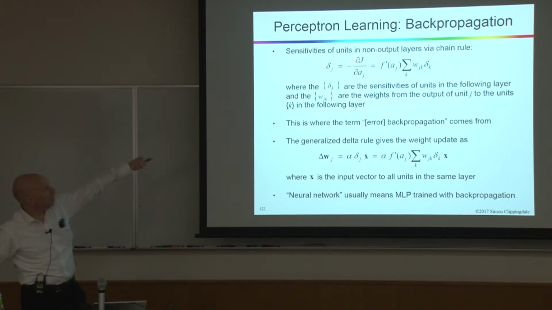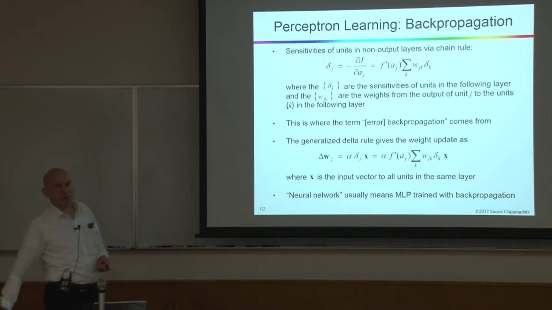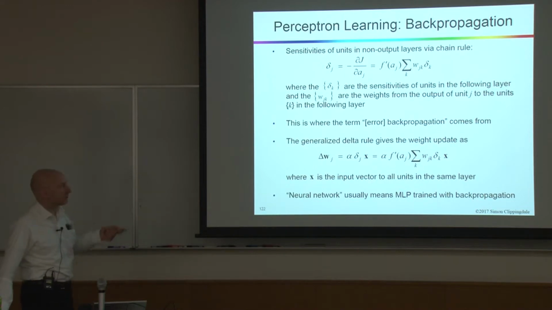Right, so this is where the term error backpropagation comes from. The learning algorithm is called error backpropagation, or just backprop. If you hear people talking about backprop, this is what they mean. And the generalized delta rule for a non-output unit gives the weight update as this thing. Again, it looks much like the original delta rule because it's something times delta, which is now the sensitivity of that unit, times the input vector.